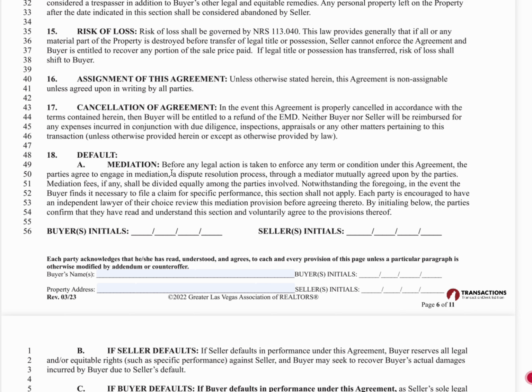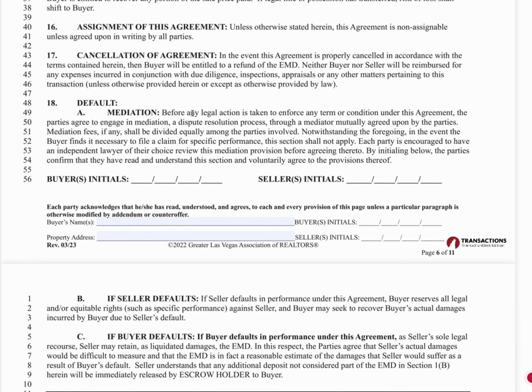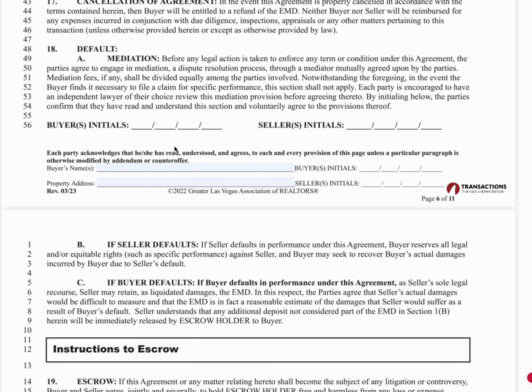We don't go in front of a small claims court. We go in front of a mediator and try to get this resolved as soon as possible. It could take anywhere from 30 days up to 6 months, but other than that, we're just agreeing that we're going to go in front of a mediator.